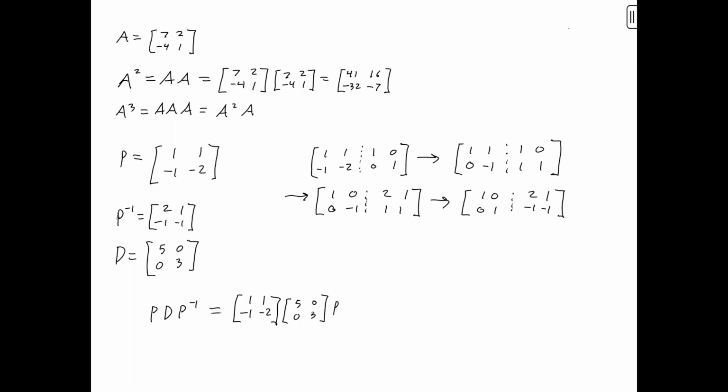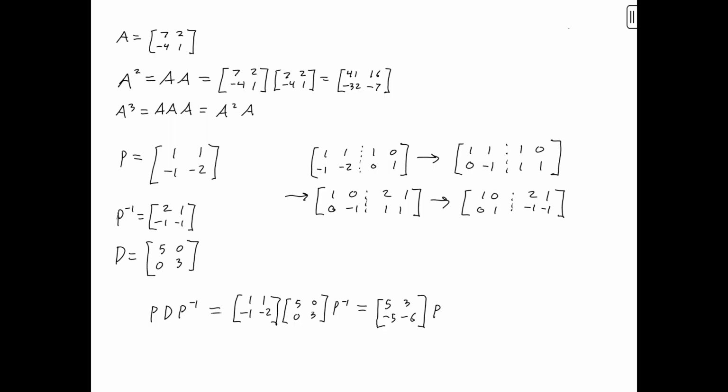I'll do these calculations one at a time. 1 times 5 is 5 plus 0, I get a 5. 1 times 0 plus 1 times 3 gives me a 3. Negative 1 times 5 gives me a negative 5 plus 0. And 0 minus 6.